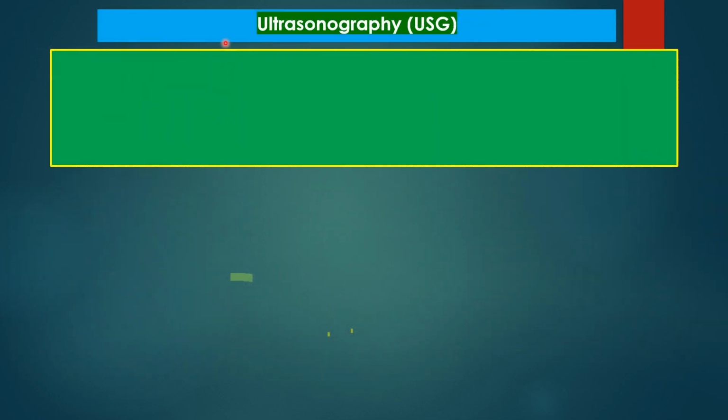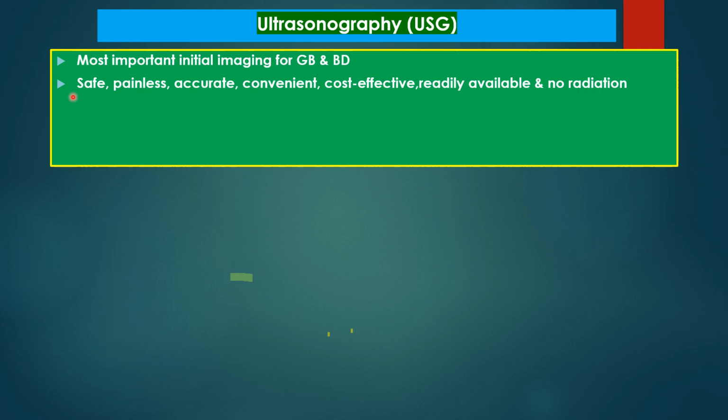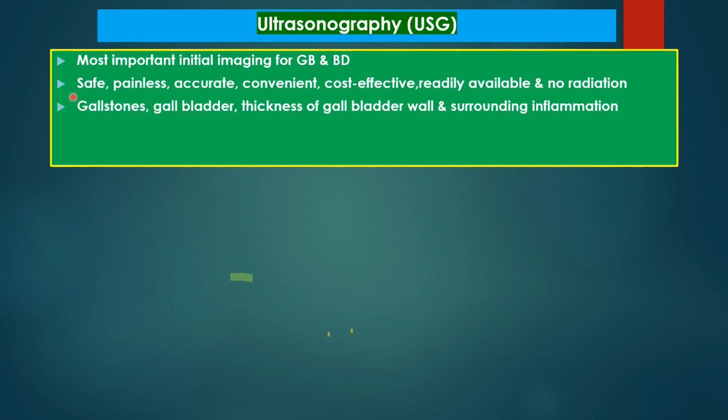A bit more on ultrasonography or ultrasound scan. Most important initial imaging for gallbladder and bile duct. It is safe, painless, accurate, convenient, cost-effective, readily available, and no radiation involved.